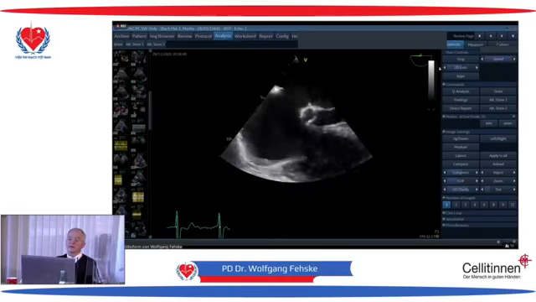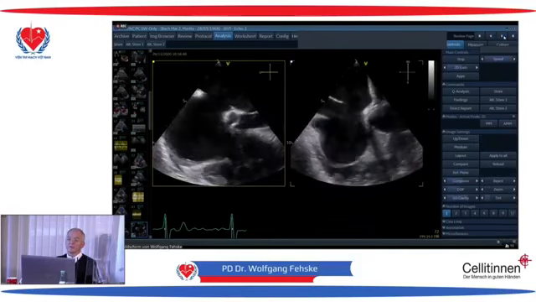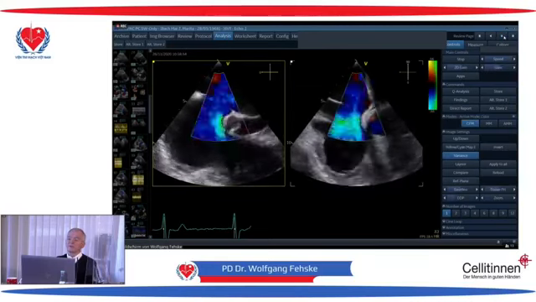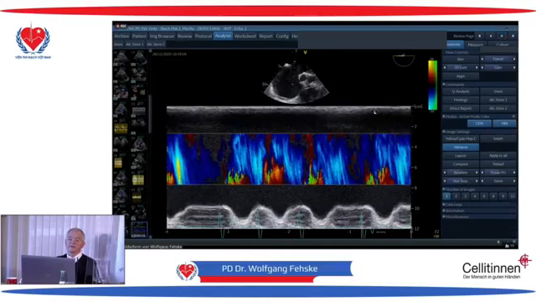This is where we start with 0 angle, and then I go to the biplane modality, and then of course I look for color, and then of course I see that in this specific case, here is the ASD, we have nearly a continuous left to right shunt. This is very hopeful for us, for the patient, that there is not a reversal of shunt.